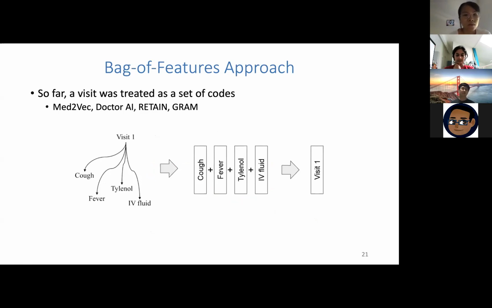When you represent a single visit as a multi-hot vector and compress it into a lower dimensional space, you're essentially converting each code to its corresponding vector representation and then summing them up. That summing up is the way to represent a single visit, because at each visit multiple things happen at the same time. So I thought maybe simply summing them up was a sufficient way to represent a single visit.